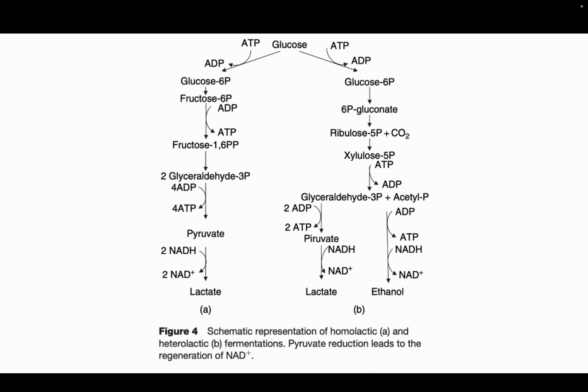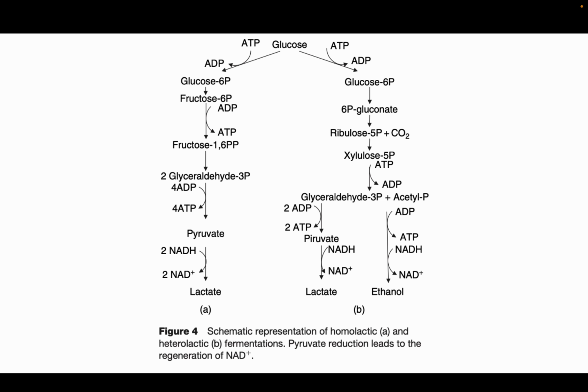Then there's production of glyceraldehyde 3P, then it is further converted to pyruvate, and pyruvate is then converted to lactate. And take note of ATP production in homolactic fermentation, a net of 2 ATP moles since ATP is consumed during sugar internalization.